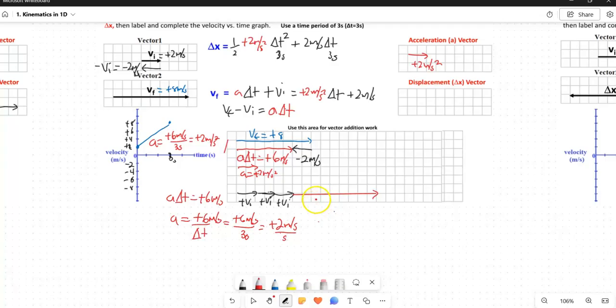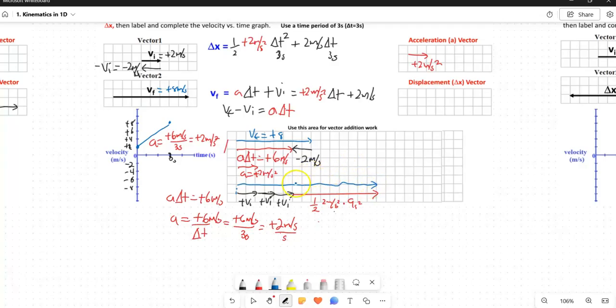So this is right here, the 1/2 times 2 meters per second squared times 9 seconds squared. So overall, the displacement vector is going to start here, and it's going to go 1, 2, 3, 4, 5, 6, 7, 8, 9, 10, 11, 12, 13, 14, 15.